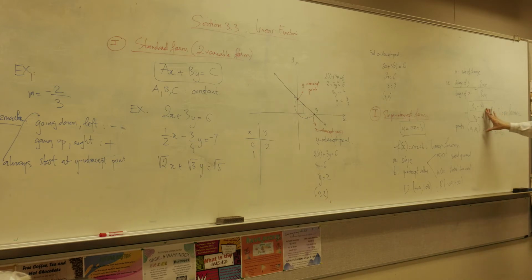Now I'm going to give you another example, but I'm not going to use rise over run anymore. Let's see if we can find the slope by using the slope formula, but in order to do so, we must have the points.